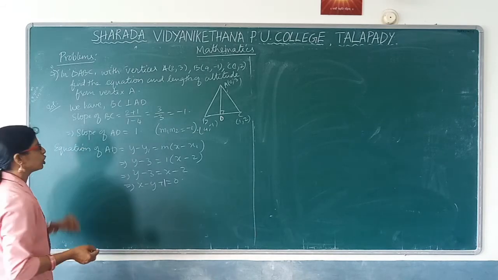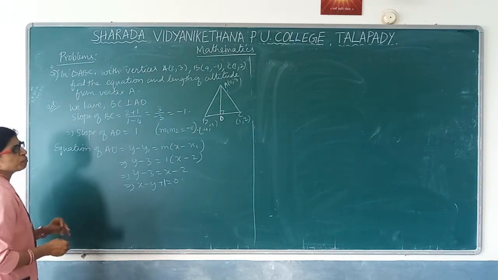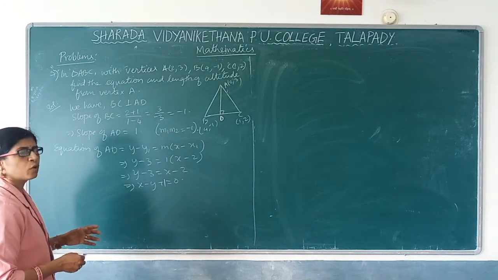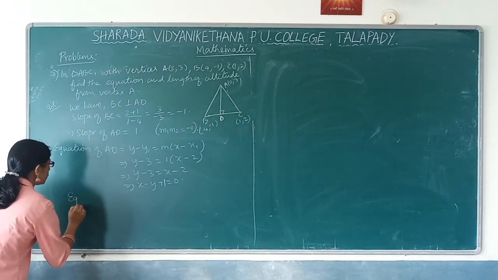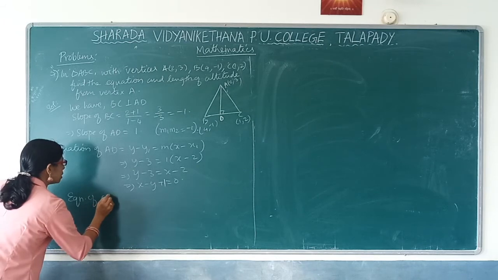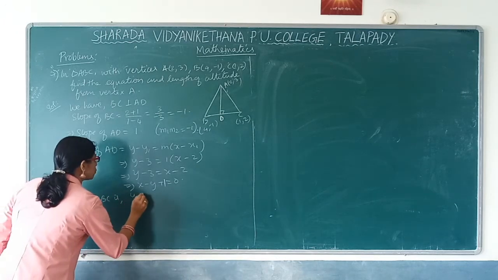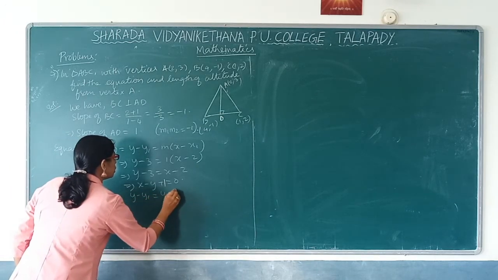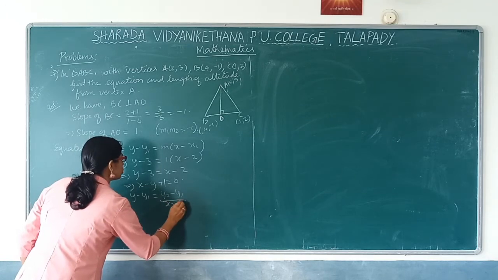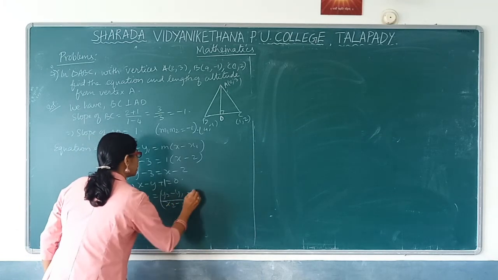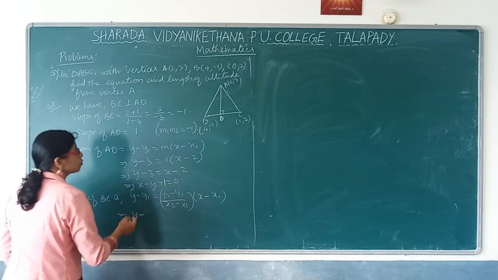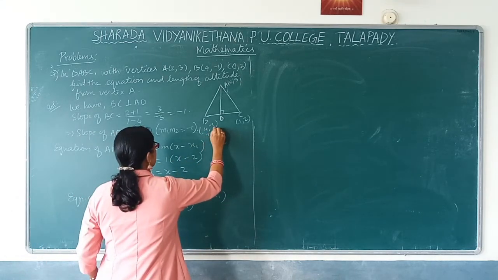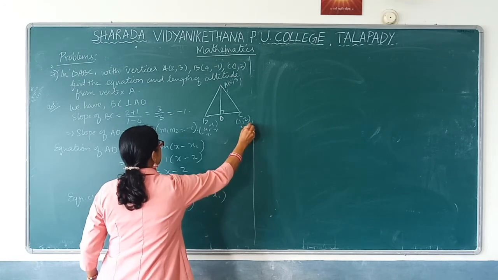Now we want the equation of BC. It can be written by the two-point form because both points are present on BC. So the equation of BC is y minus y1 is equal to y2 minus y1 by x2 minus x1, of x minus x1. This one we will take as x1, y1 and this as x2, y2.